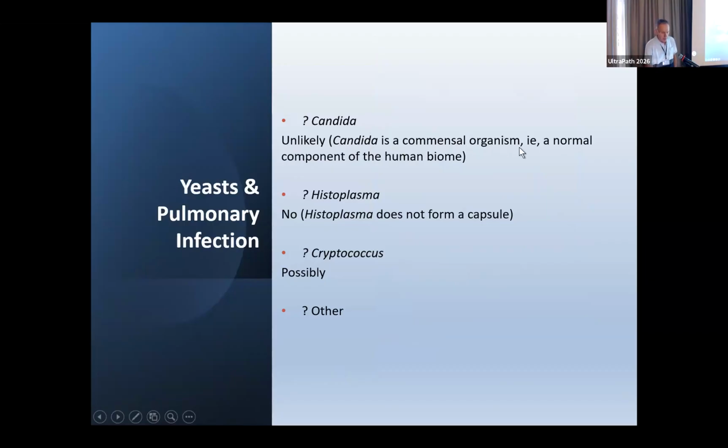This is a commensal organism, a normal component of the human biome. Then there's Histoplasma, but apparently it can't be Histoplasma. It does not form a capsule. Then Cryptococcus was another possibility. And I don't know, there's probably others. There's probably lots. But since this is not really our area of expertise, that was what I was working on.